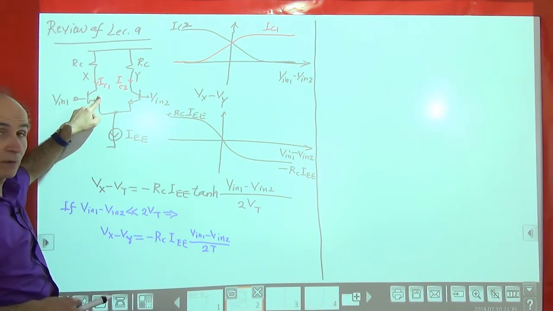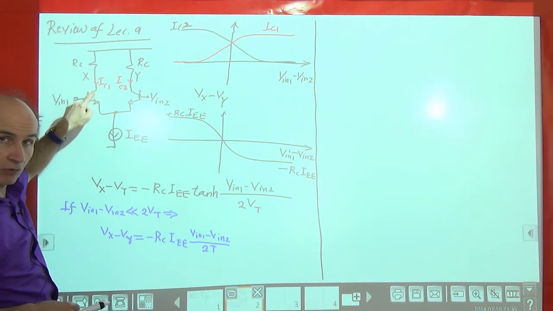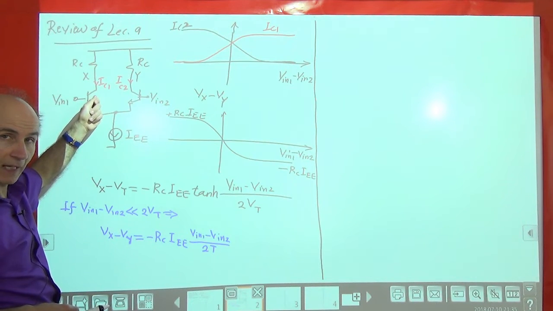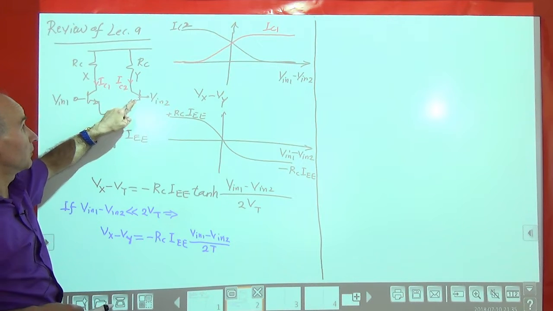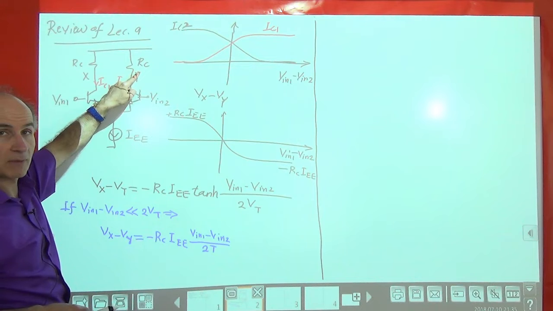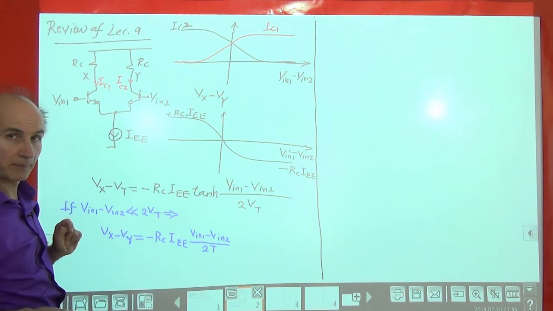So this transistor carries more current, which means node X comes down more because we are drawing a larger current from the resistor on the left. And this transistor carries less current, which means this voltage goes up because we draw less current from this resistor, so we have less voltage drop across this resistor.